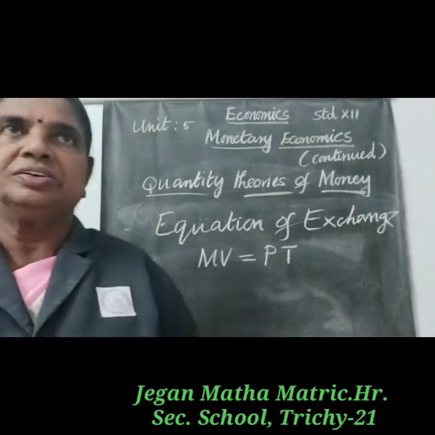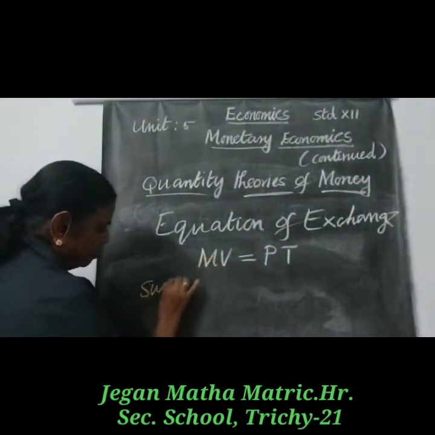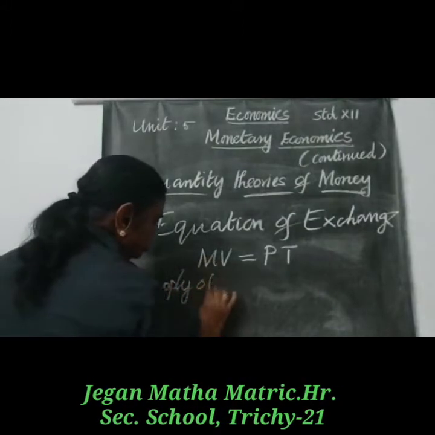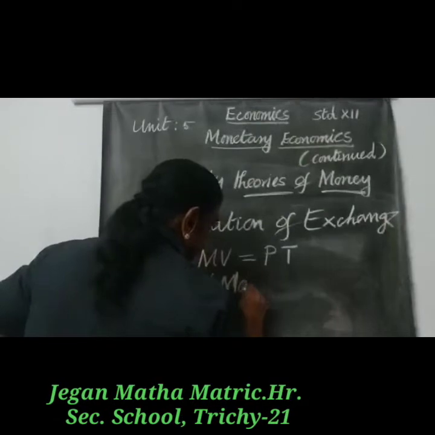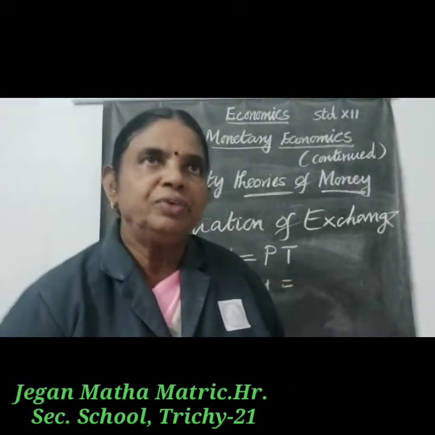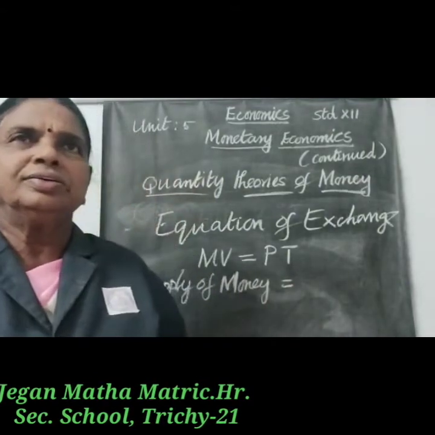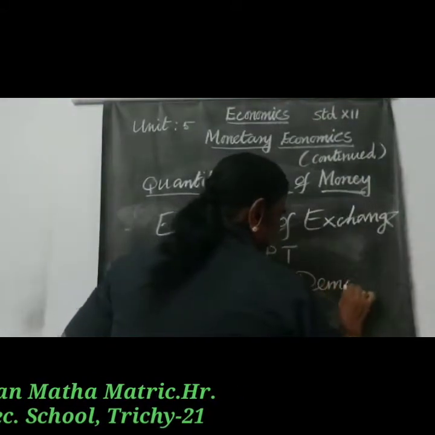MV is the supply of money, and PT is what we call the demand for money.